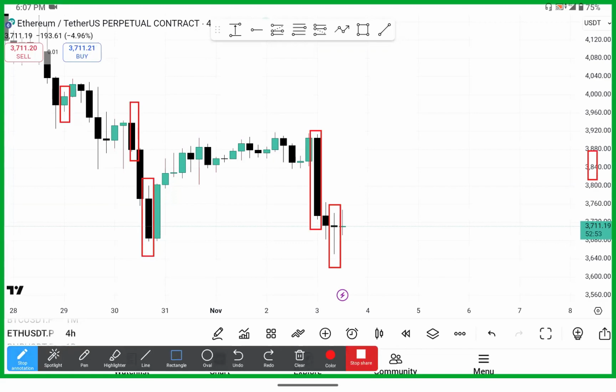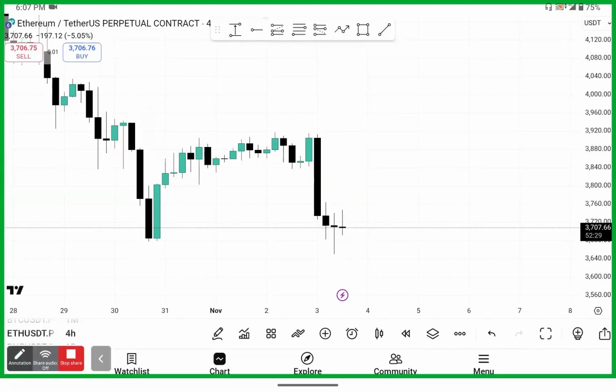Sorry, let me remove that. I hope you are able to see that. So every candle that you see here, since I am in the 4 hours, any candle, as long as I'm on the 4 hours, it is indicating that it took 4 hours to formulate. It is the same thing when I go to the 1 hour.